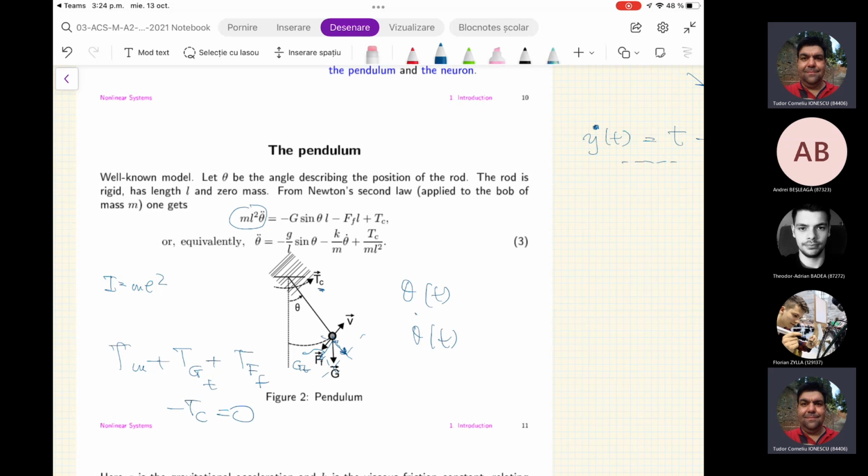Then you just substitute for each of these torques its formula. This is the inertia times the acceleration. Theta dot is the angular velocity, and theta double dot is the angular acceleration. Okay, fine.